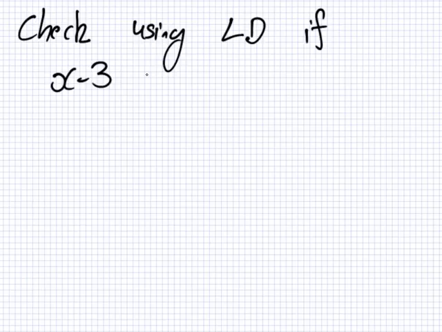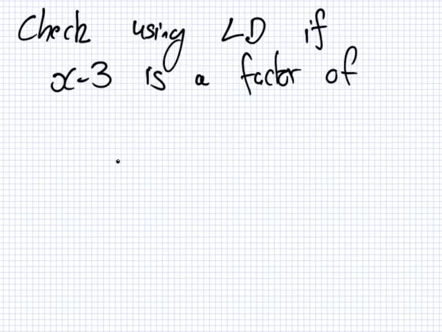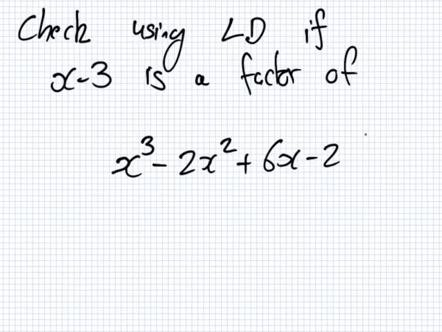So the question might say, check using long division or remainder theorem if x minus 3 is a factor of x cubed minus 2x squared plus 6x minus 26. I want everybody to do the long division and see if it's a remainder or not. So try that now.